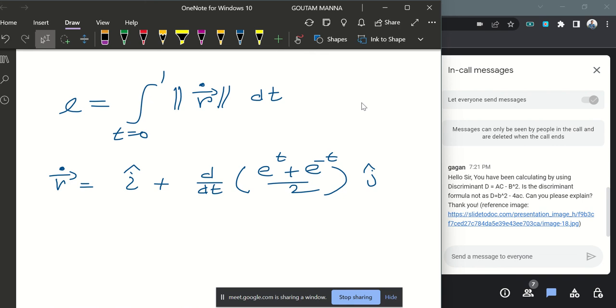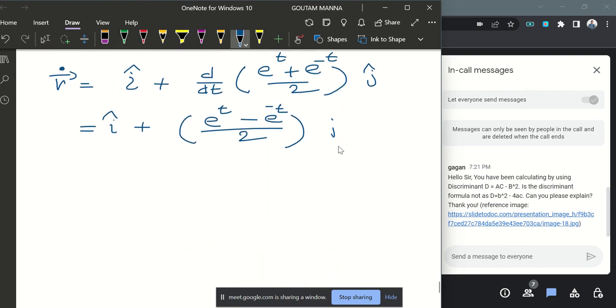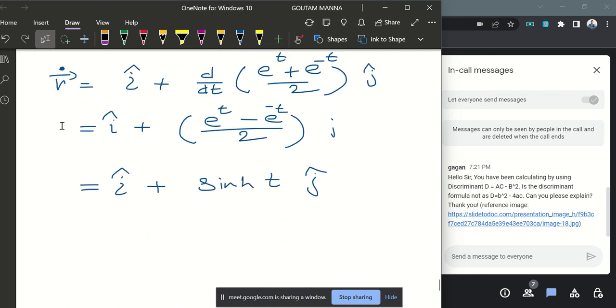If you take this derivative, it will be i hat plus, the derivative of e^t is e^t, and the derivative of minus e^(-t) is minus of e^(-t), so it is basically sinh t. So it is i hat plus sinh t j hat. So that's the velocity vector.